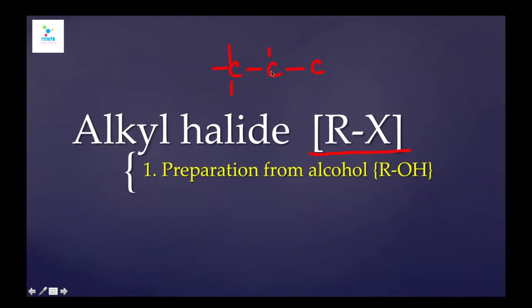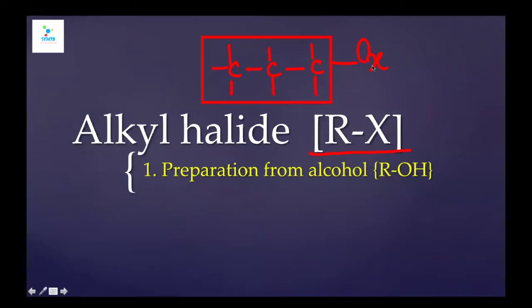Whatever carbon chain is attached to the halide will be termed R, and it may be 2, 3, or any number of carbons.